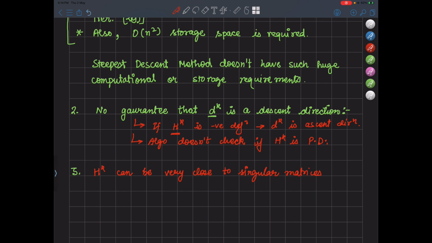So if it is very close to singular matrices, this could lead to various numerical difficulties. So inverse calculation will be very difficult, and we may get wrong values of the inverse.